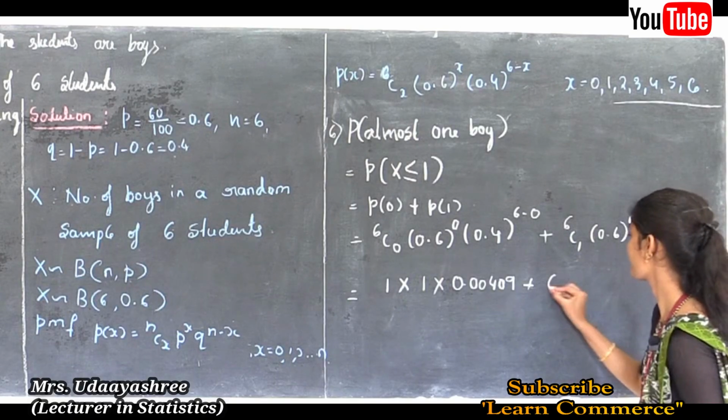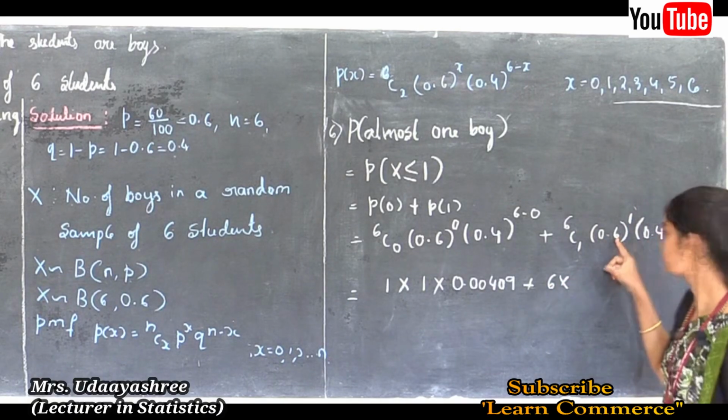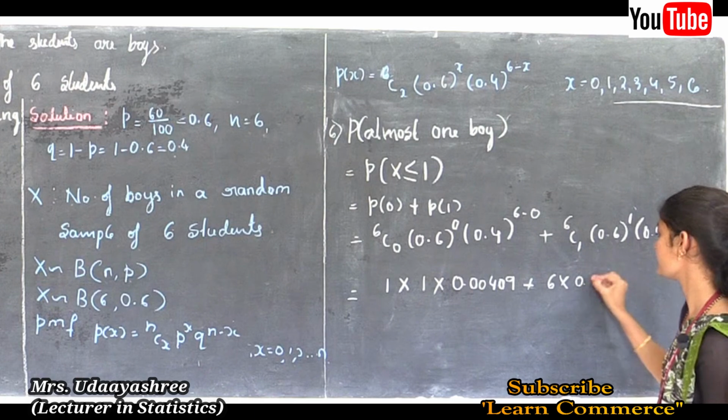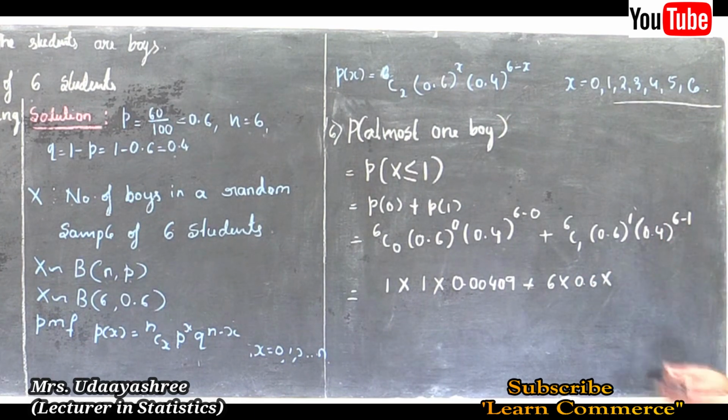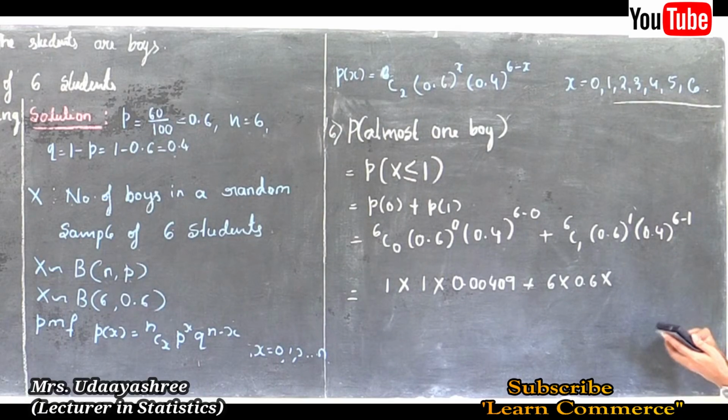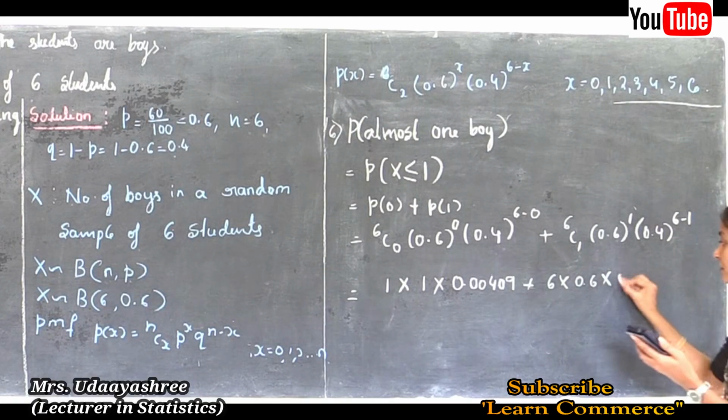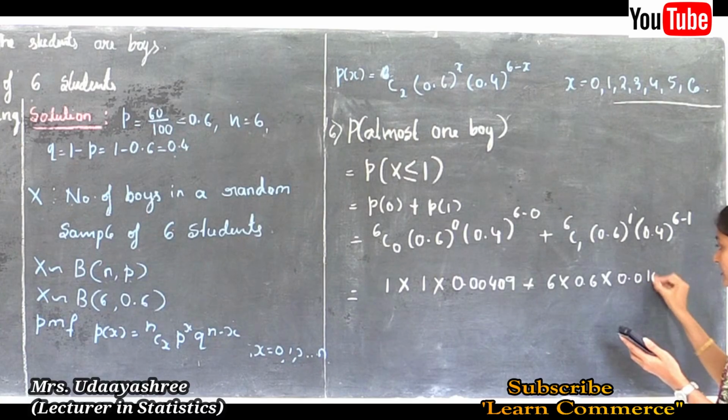That is 6 into 0.6 to the power 1, that is 0.6, into, see here 6 minus 1 is 5. So, 0.4 to the power 5 is 0.0102.